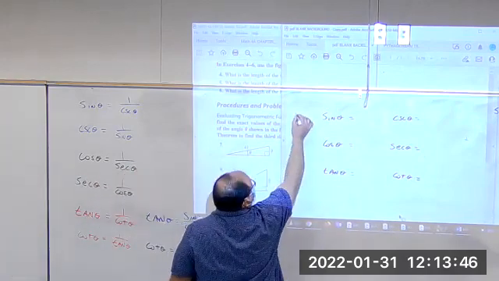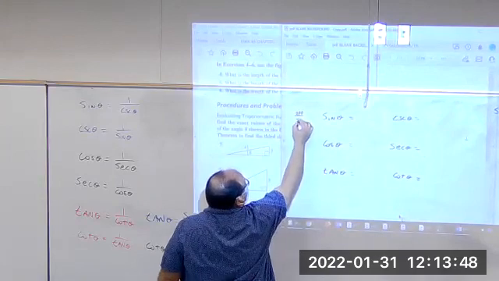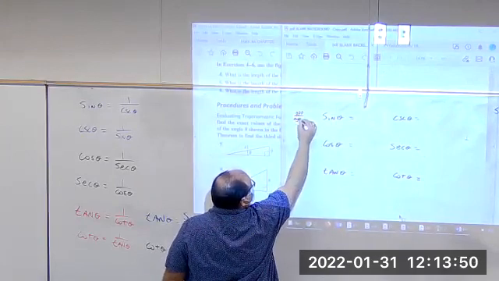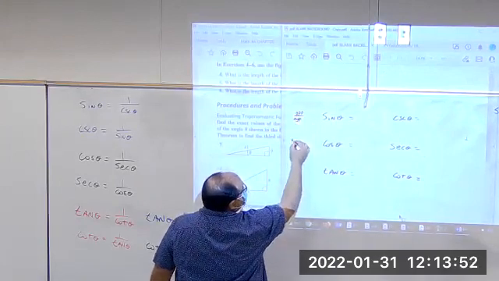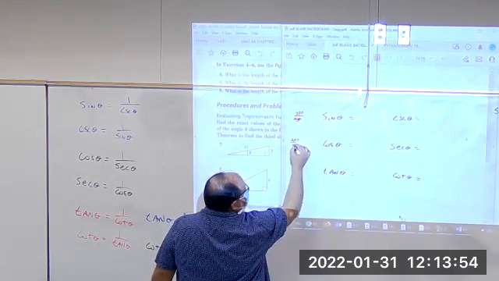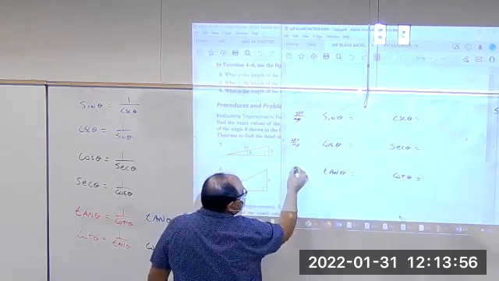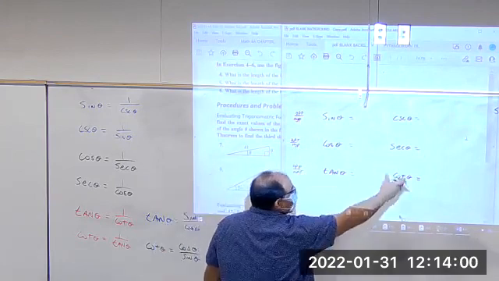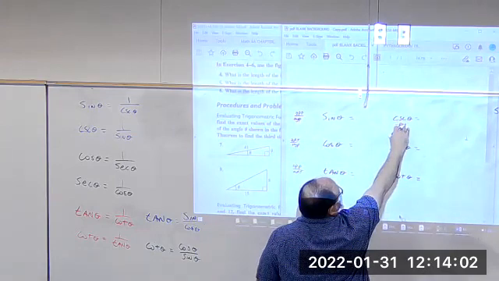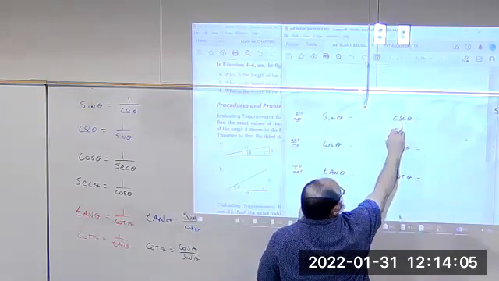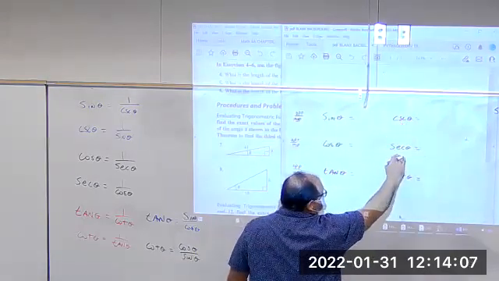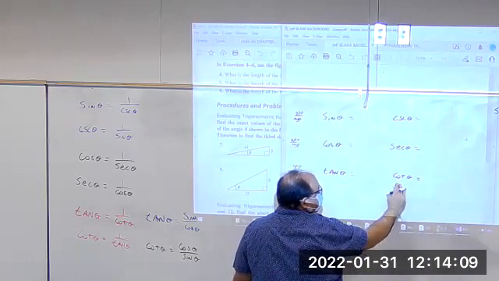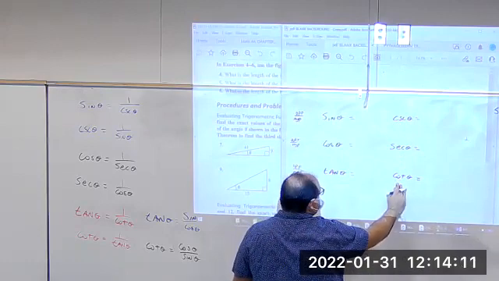Sine, opposite over hypotenuse. Cosine, adjacent over hypotenuse. Tangent, opposite over adjacent. Now I'm not going to write out all the flipped versions: hypotenuse over opposite, hypotenuse over adjacent, and adjacent over opposite.